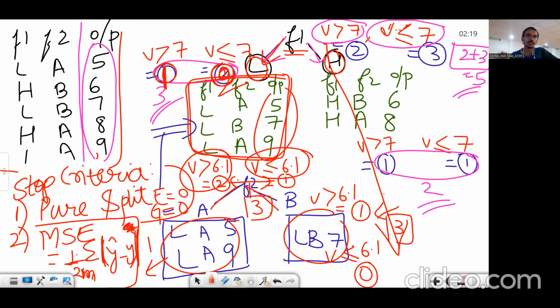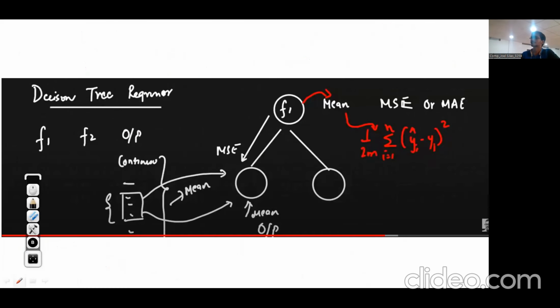So it is a bit confusing for the first time, but try to work on it, try to dry run for greater depths. Okay. So this was about the decision tree when you have such splitting criteria.